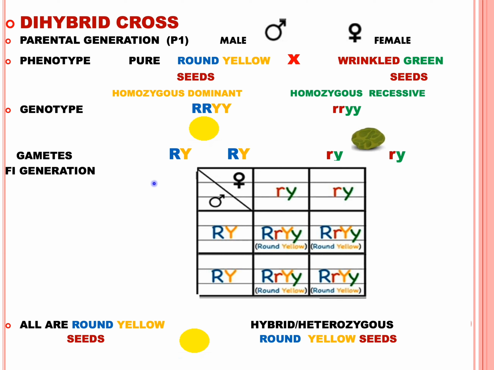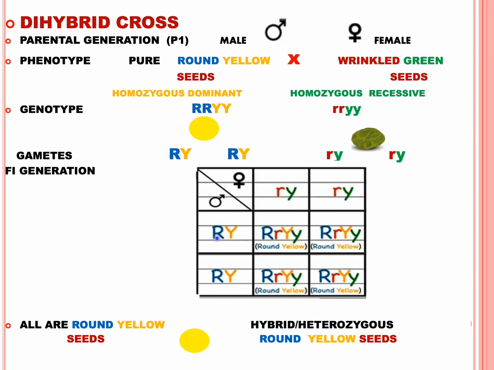And then Mendel obtained the first progeny, that is F1 generation or first filial generation, by the fertilization of these two types of gametes.